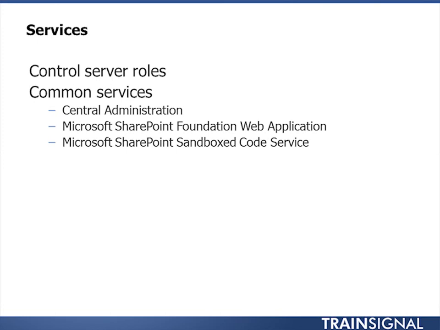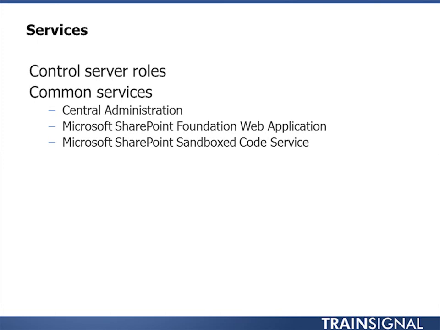One of the biggest ways that you're going to do that is by controlling which servers are running which services. Having the flexibility to go into each individual server and stop and start services, which in turn controls which servers are doing search and which are acting as web front-end servers, is going to have a pretty big impact on how I load balance and how I scale out my SharePoint farm.